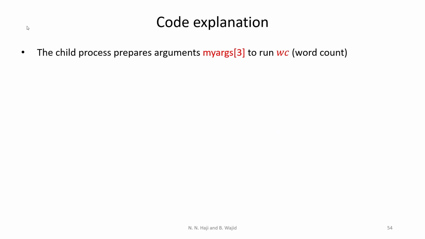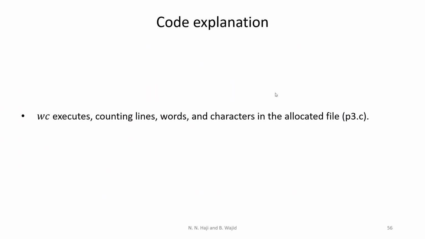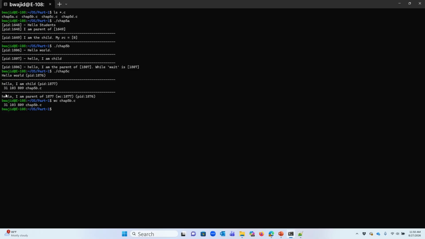The process ID of the child remains the same, but whatever was in the code segment of the memory, the data, the heap, everything, was rewritten by this particular command. It replaces the child's program entirely, and it runs. The parent obviously still waits for the child. When the child finishes execution, the parent continues its execution. And that's what we saw here: the parent ran after the child completed its execution.